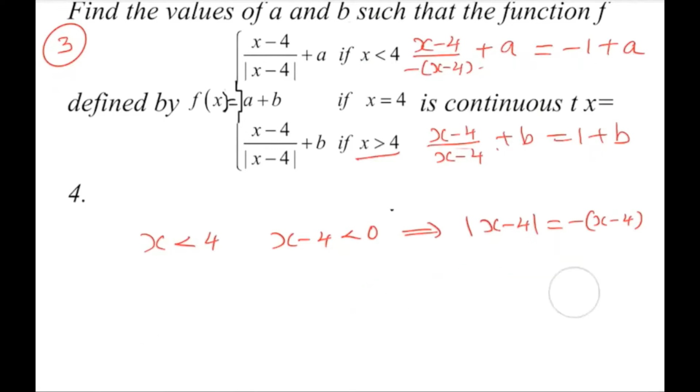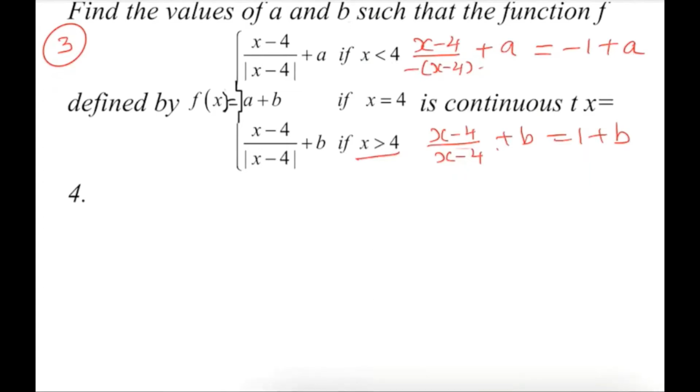Since the function is defined separately for the values which are less than 4 and greater than 4, we need to find the left hand and right hand limit. Since the function is continuous, both left hand and right hand limit will exist and are equal.